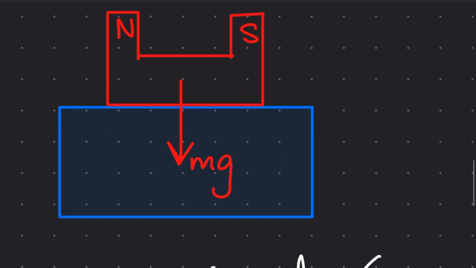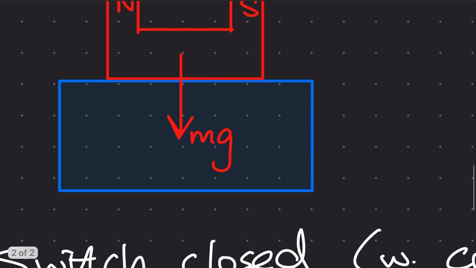The mg is the mass times gravity of the magnet, which does not change at all, and it's always there, like I've explained, no matter whichever surface you're landing on.